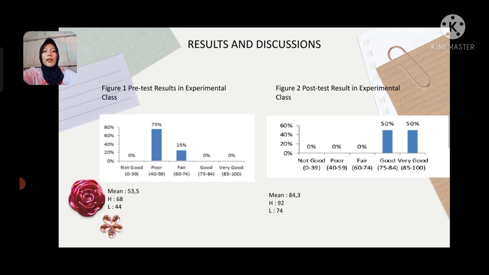Even so, they are still lacking in the use of effective sentences, and their spelling is still wrong. The average score for the post-test in this class is 84.3, the highest is 92, and the lowest is 74.